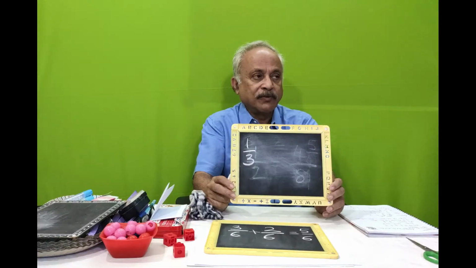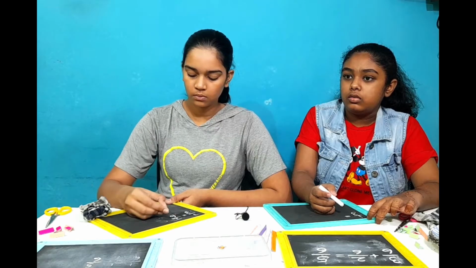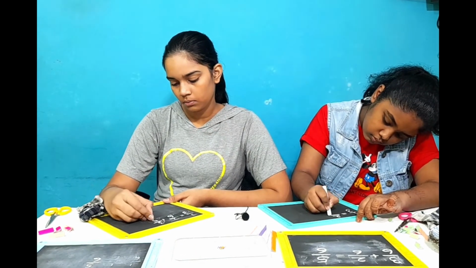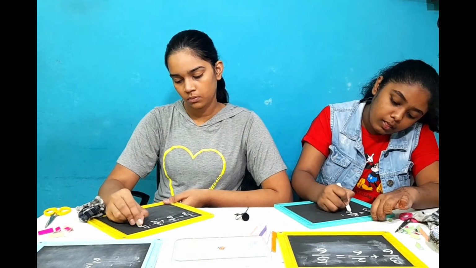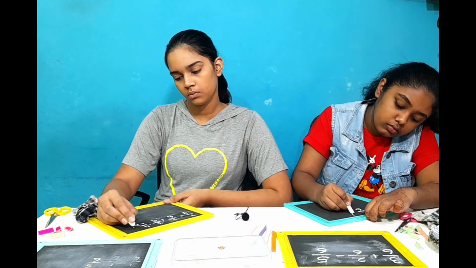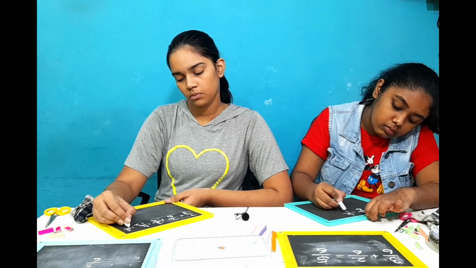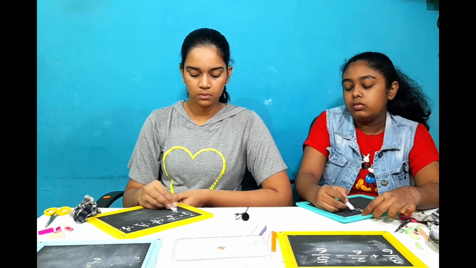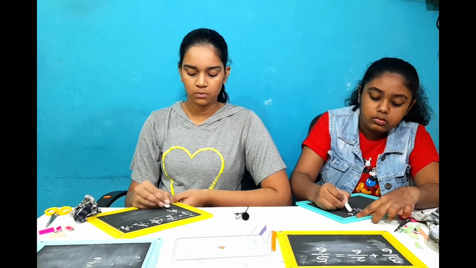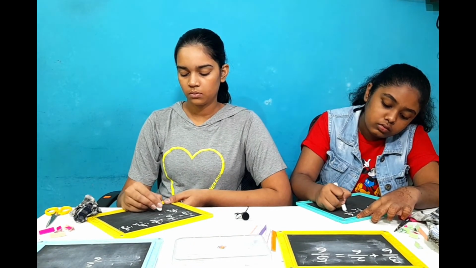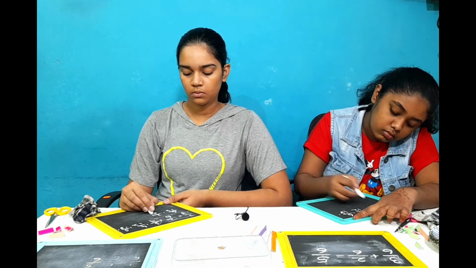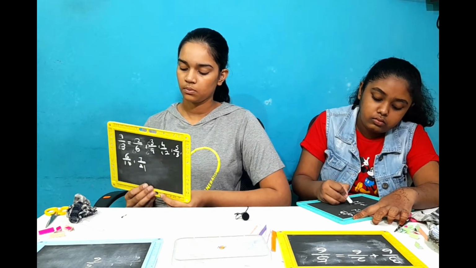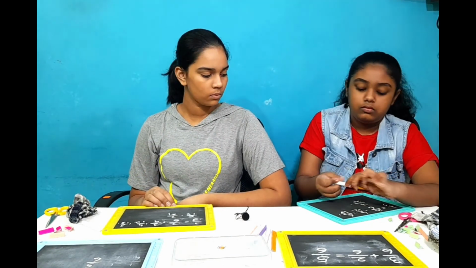On the other side of the slate, write some ratios which are equal to 1 by 3. 1 by 3 is equal to 2 by 6. Write some more, Gyanjyoti.